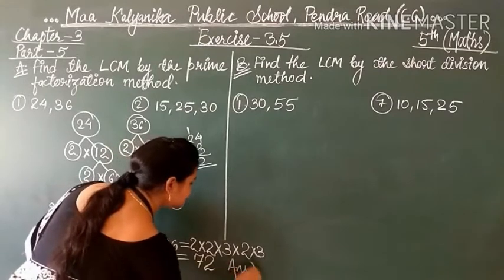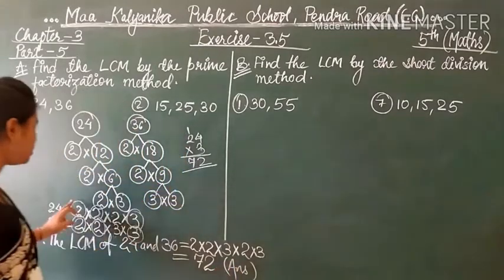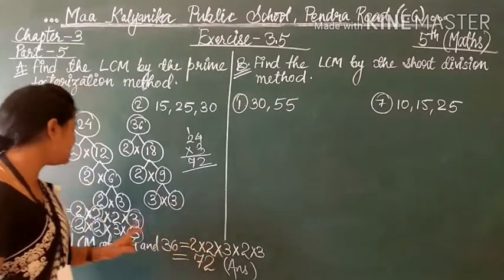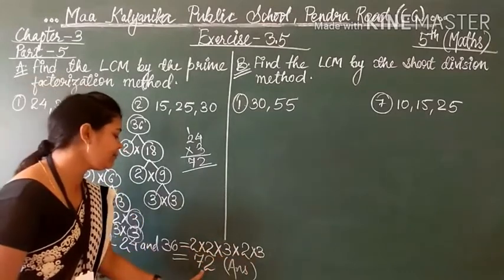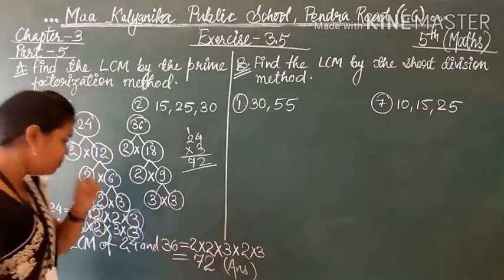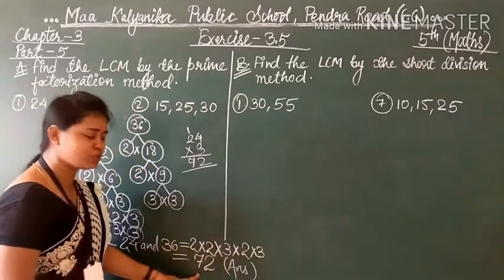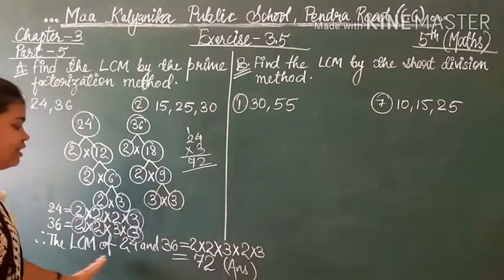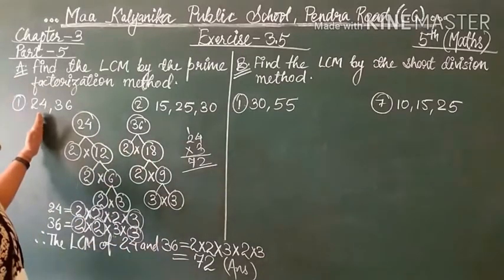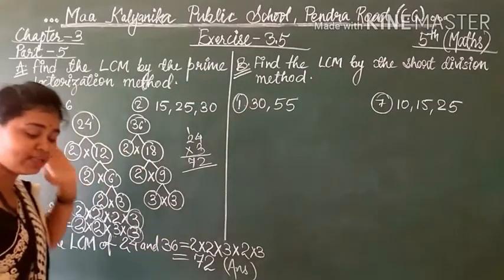So students, we have to multiply the common factors, taking them once, and the rest of the factors completely, and then we will multiply all these numbers. Okay, so in this way we can find the LCM of 24 and 36.